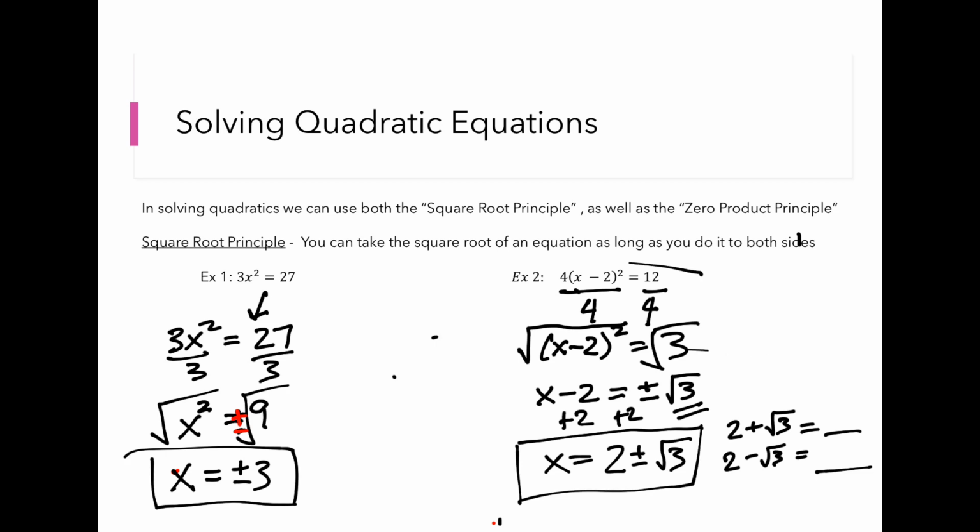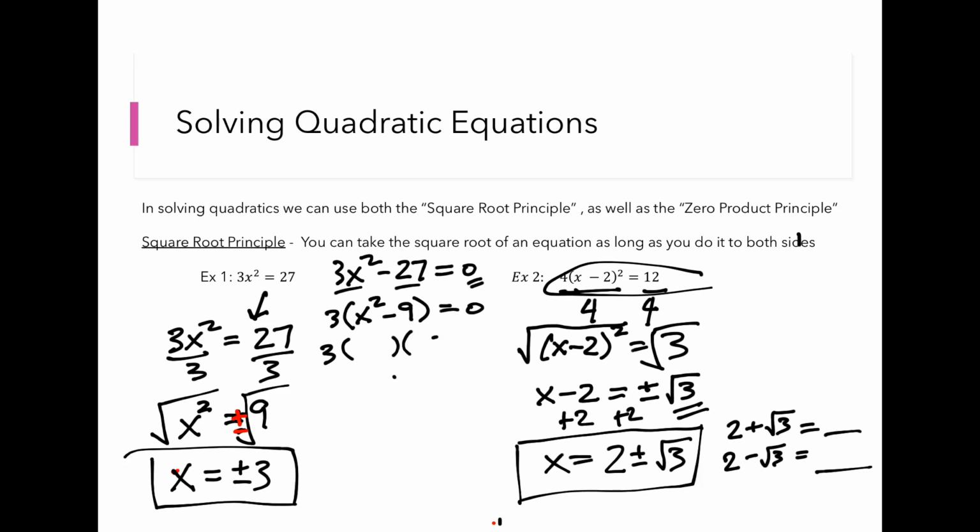I wouldn't necessarily go back here and do that, but with this one I can. Because if I set 3x squared minus 27 equal to 0, we see that these two terms have a common factor of 3. We always had to set it equal to 0 to use the zero principle. So I can factor out a 3, which leaves me x squared minus 9 equals 0.